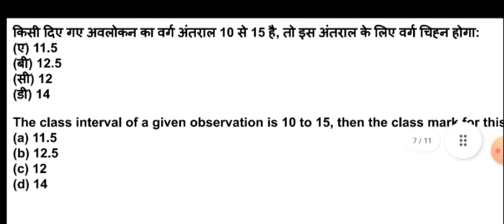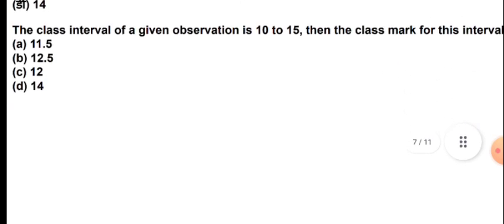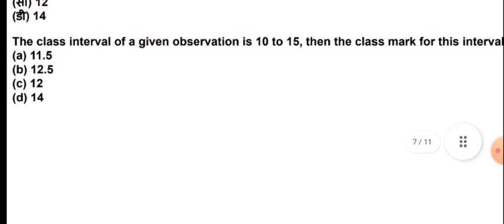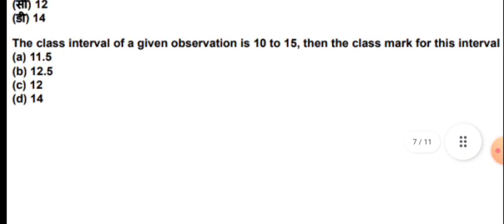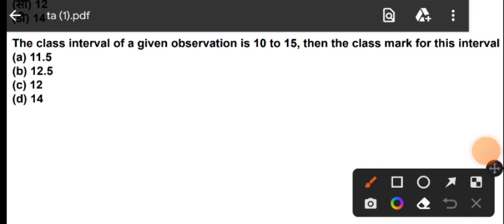So the next question is given here. The class interval of an observation is 10 to 15. Then what is the class mark of this interval? Here it asks what the class mark is. So we can write, here is given the upper limit.